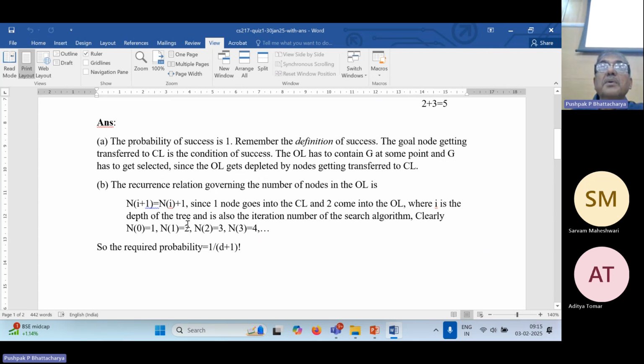So you have to multiply the probability of picking up the correct node, the node on the path to the goal node. That is uniform probability, 1 by the number of nodes in the open list at this point of time. Now, is it obvious that you have to multiply these probabilities? Not so obvious.